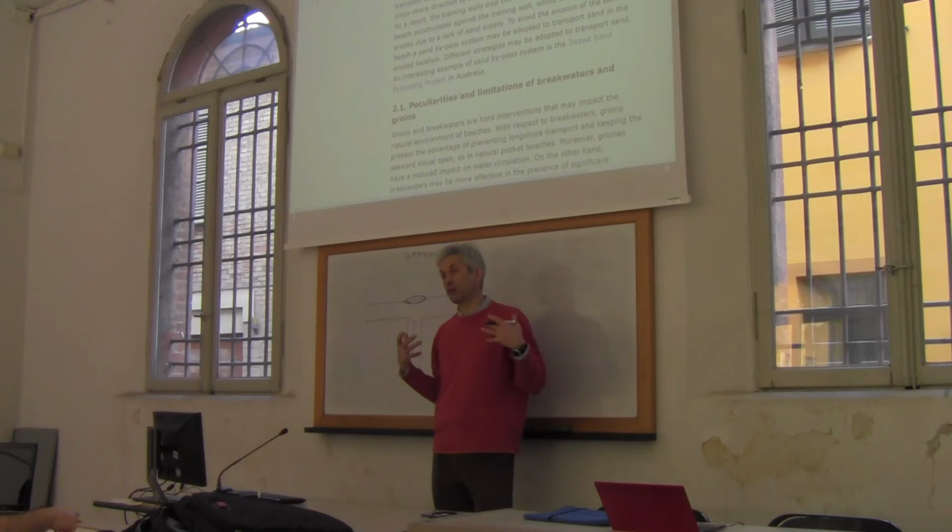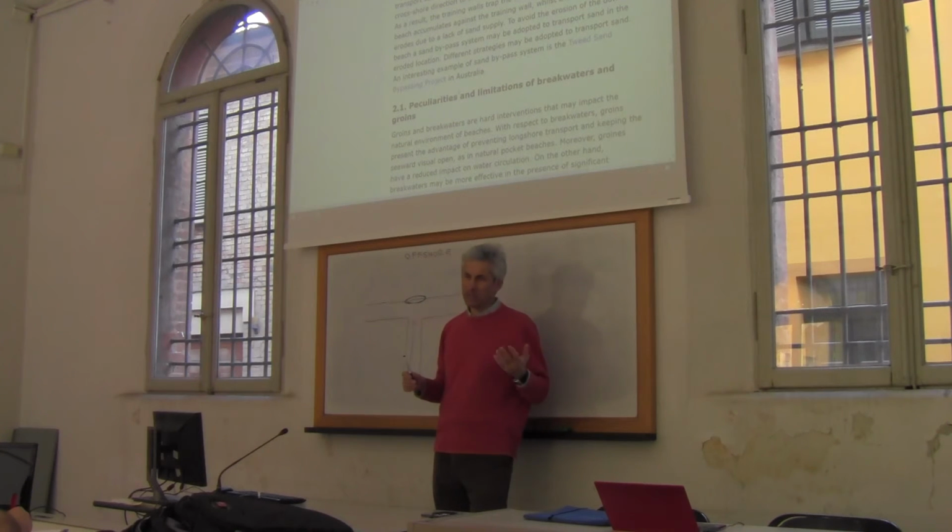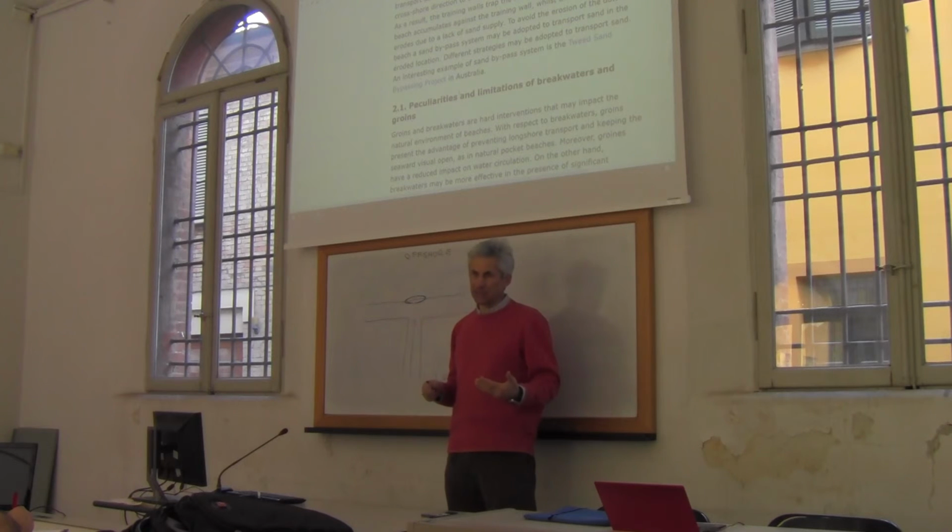And this is a problem for navigation. People don't like it usually, because when the river is important, it's important also for ships to be able to go up the river.